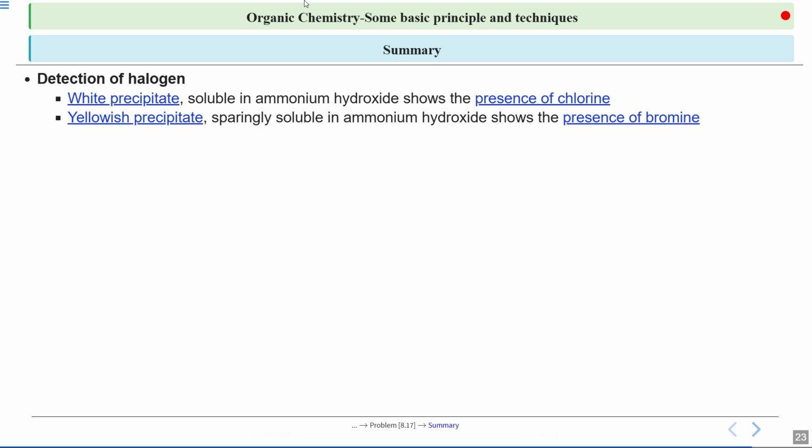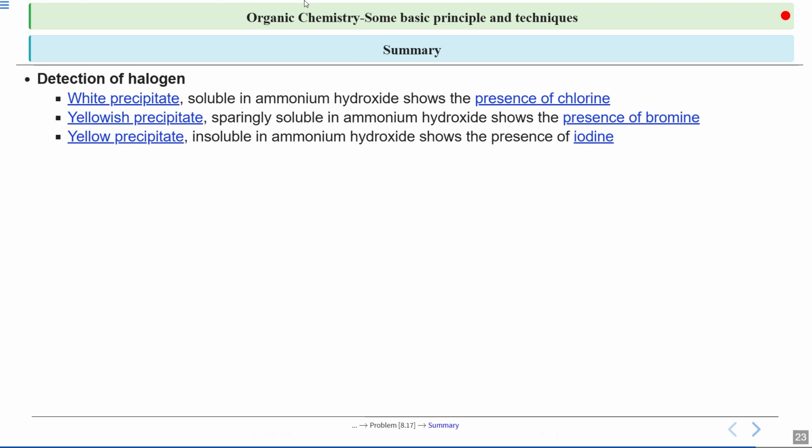Then we have a yellow precipitate, but this time it is completely insoluble in ammonium hydroxide. In that case, it will confirm that we have iodine present in the given organic compound.